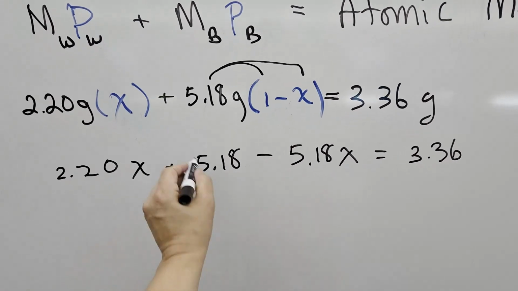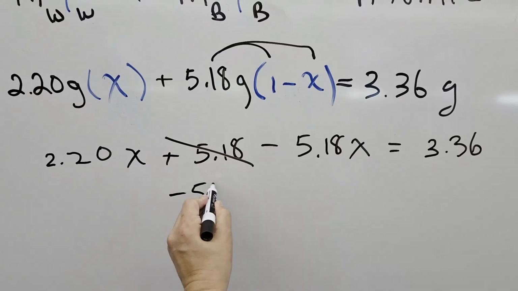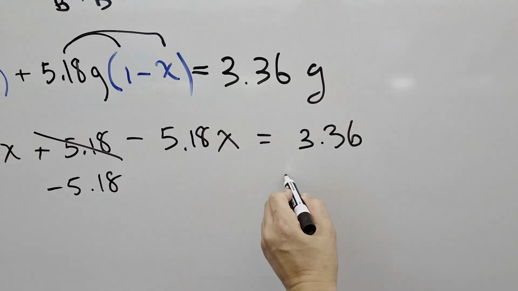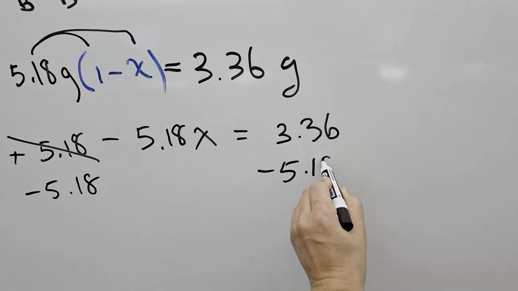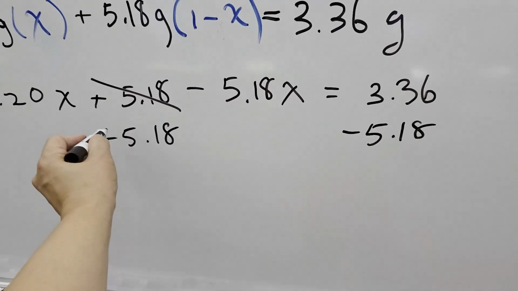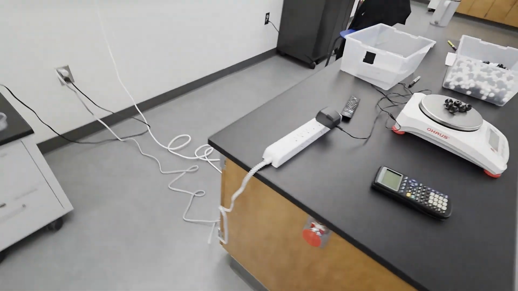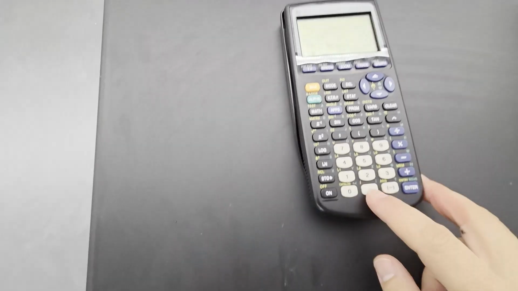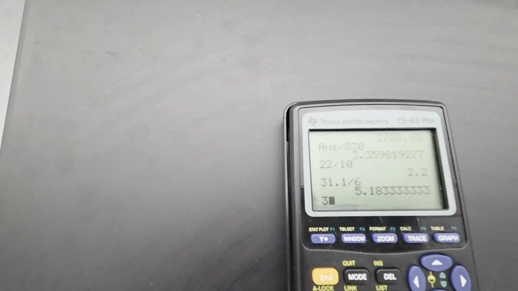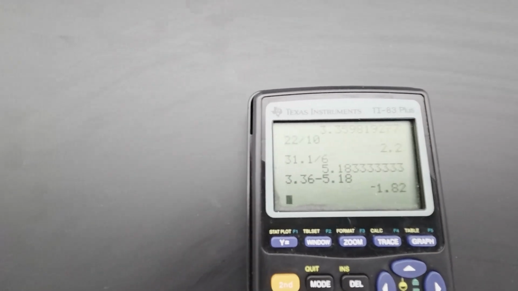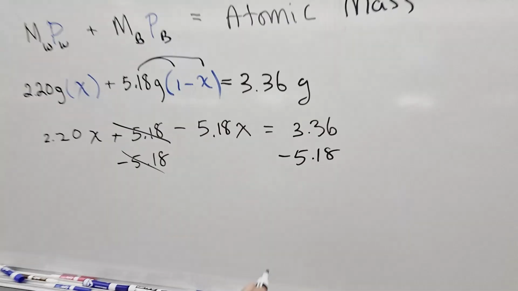On the left side, we can subtract both sides by 5.18. Negative 1.82 is what we have on the right.